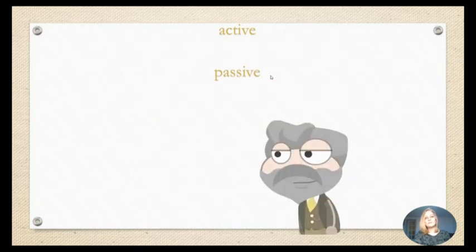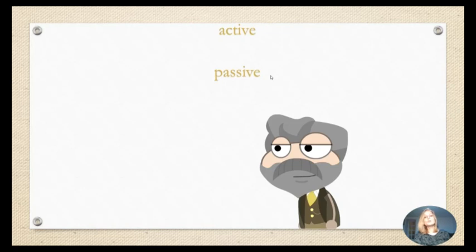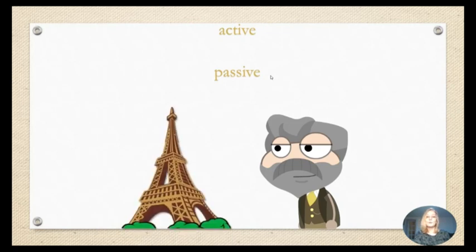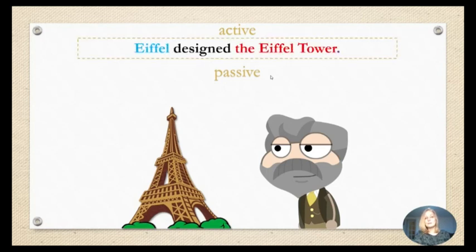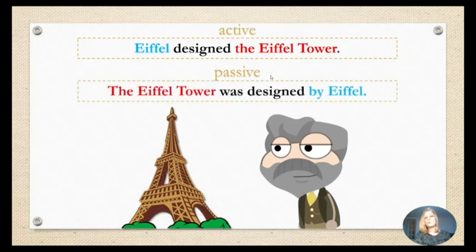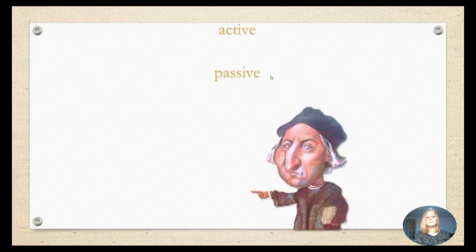Okay, the next one. Do you maybe know who this is? And now, is it more clear? It's Eiffel. Eiffel designed the Eiffel Tower. The Eiffel Tower was designed by Eiffel. Okay. Who is this?